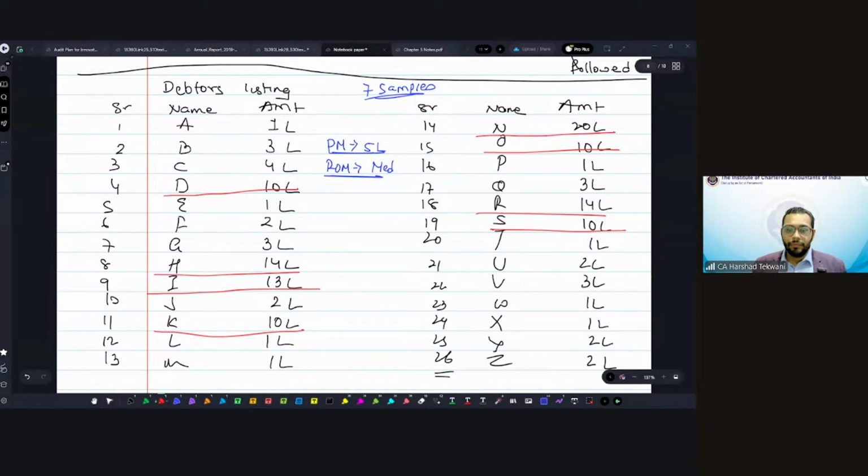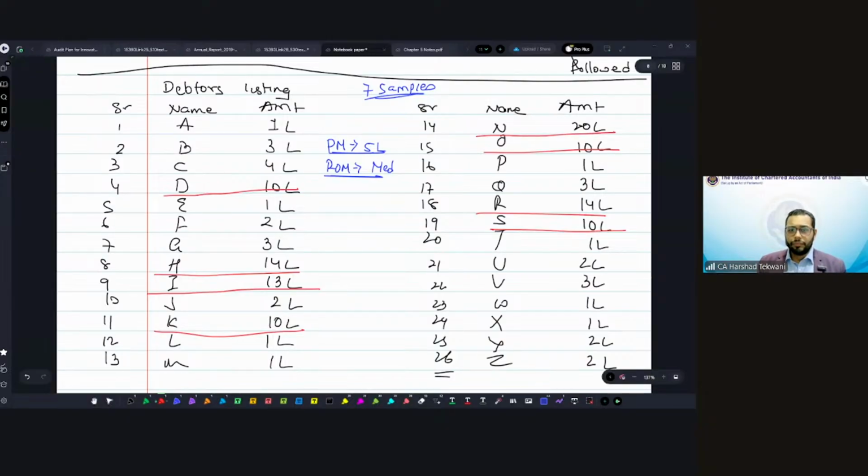Sir, what I will do is sort in ascending or descending order. The performance materiality is fixed at 5 lakhs. Above 5 lakhs, what are the amounts? Below 5 lakhs, what are the line items? Then I will segregate them as blocks: one block, and another block.